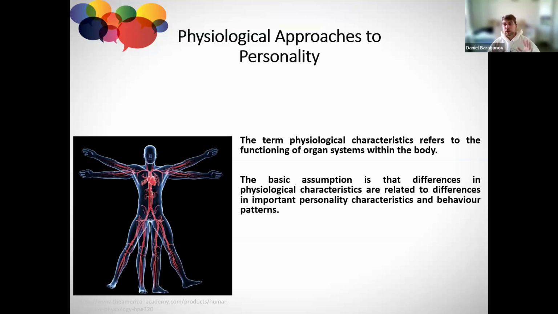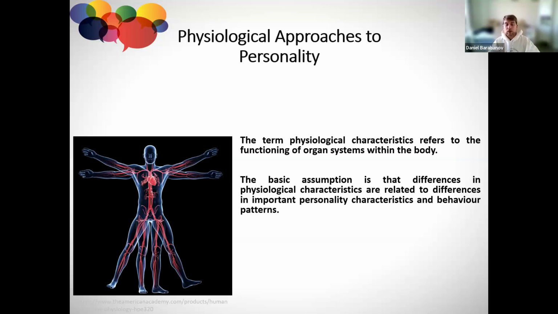The basic assumption here is that differences in physiological characteristics are related to differences in personality characteristics, in behavior patterns. So we assume that physiological differences directly or indirectly influence psychological personality differences between people.